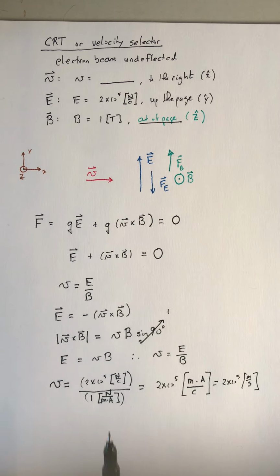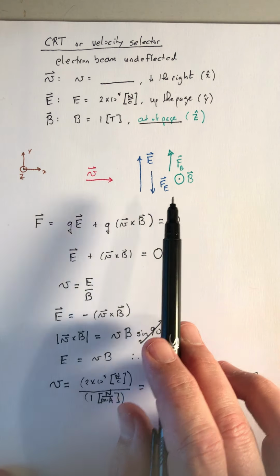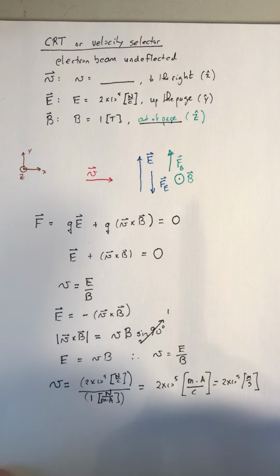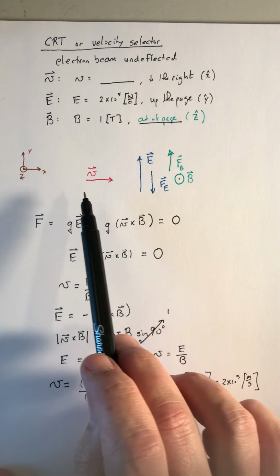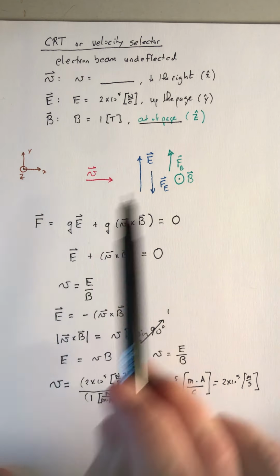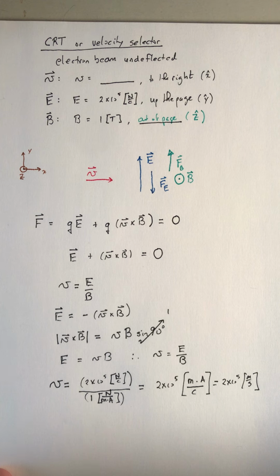So these crossed electric and magnetic fields will allow a particular velocity for a charged particle to pass through them undeflected. And if the speed is greater, then the magnetic force is going to dominate and it'll curve.